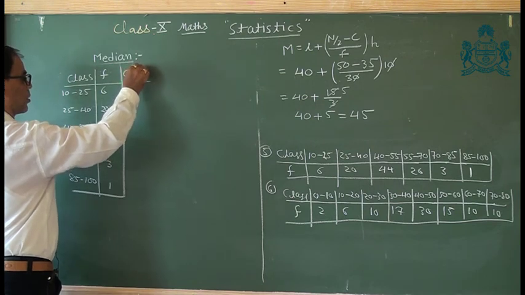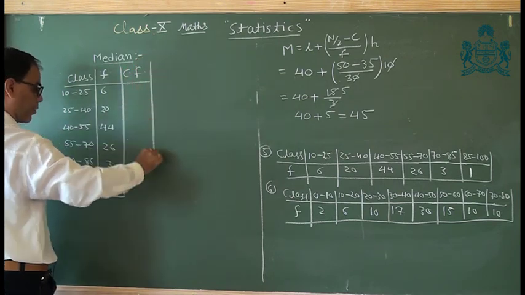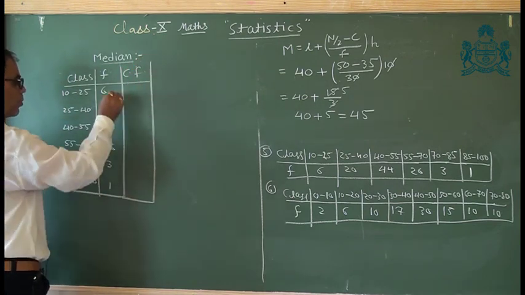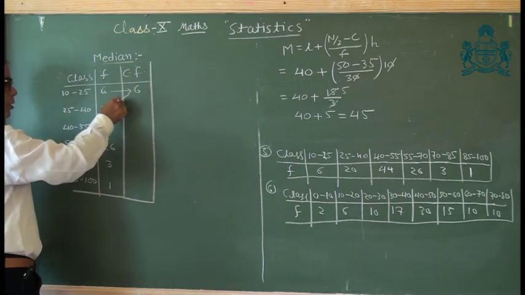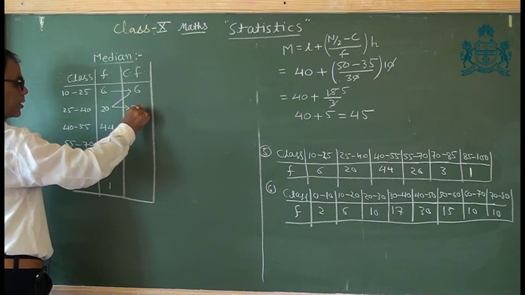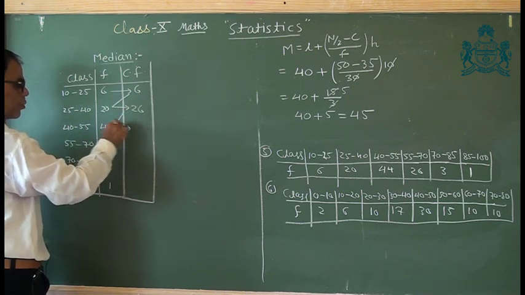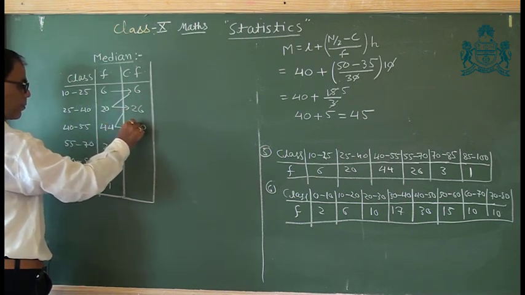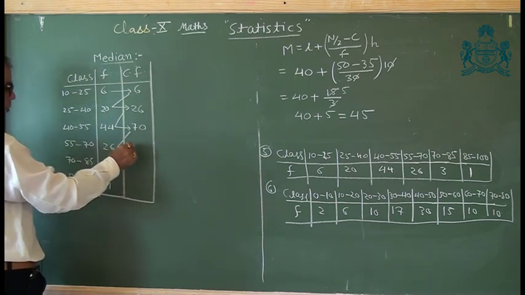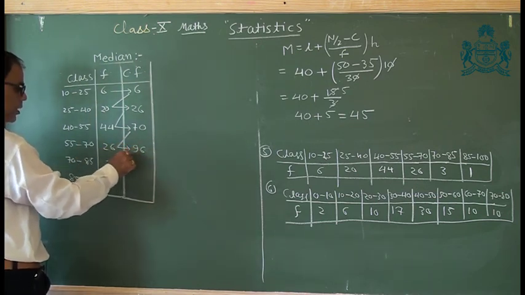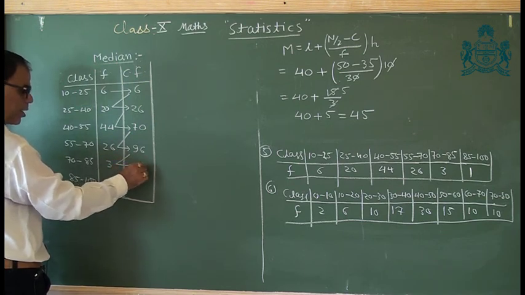Next, find the cumulative frequency. First frequency and cumulative frequency are the same. 6 plus 20, 26. 26 plus 44, 70. 70 plus 26, 96. 96 plus 3, 99.